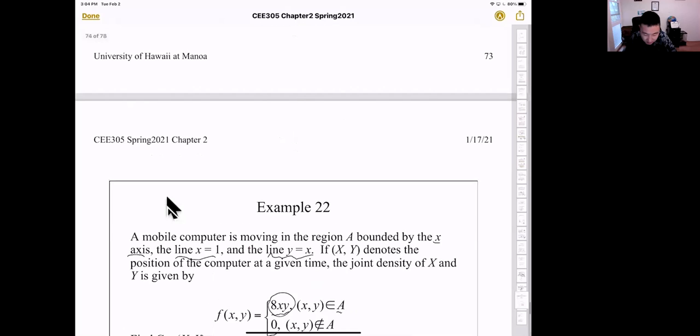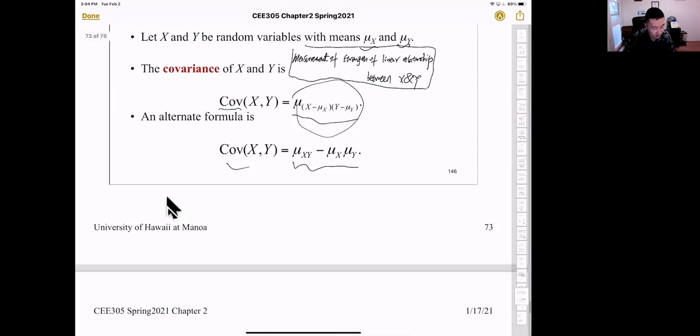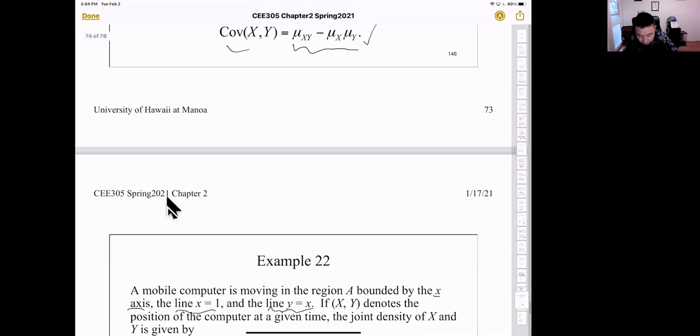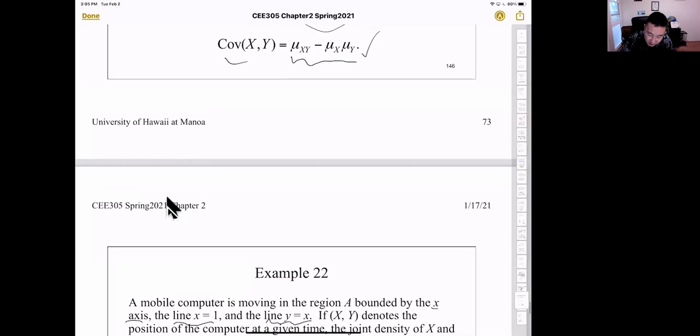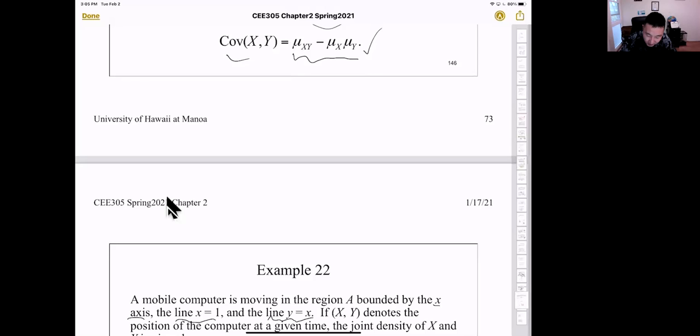So covariance we can calculate using either one of these two equations. It looks easier to use the bottom alternative version, so that's the equation we're going to use. So covariance is equal to mu xy minus mu x times mu y.